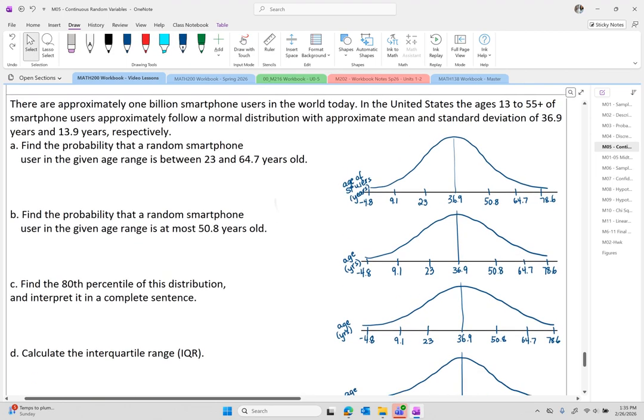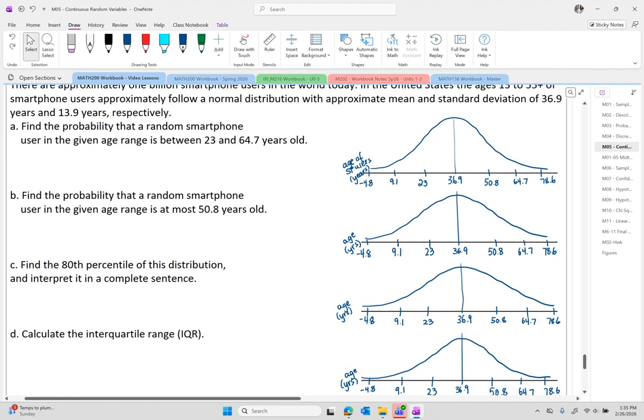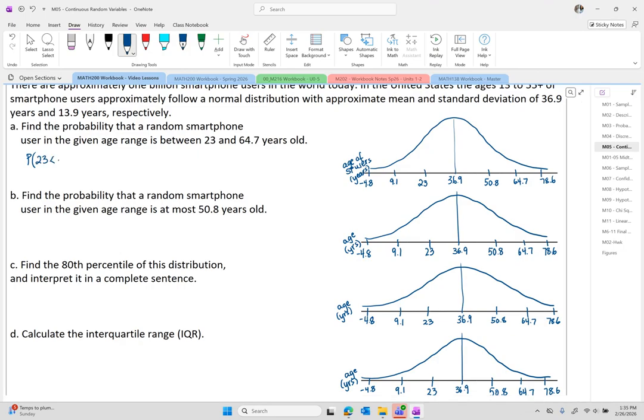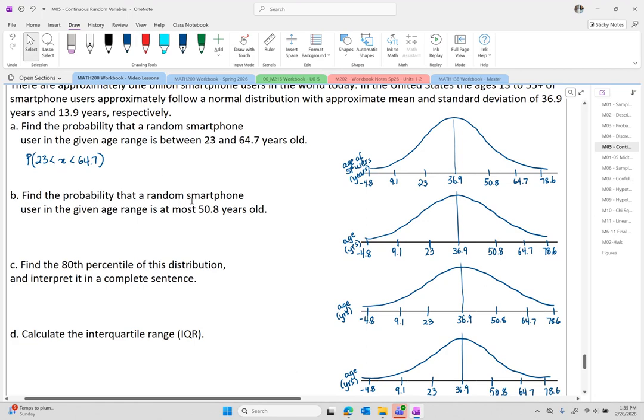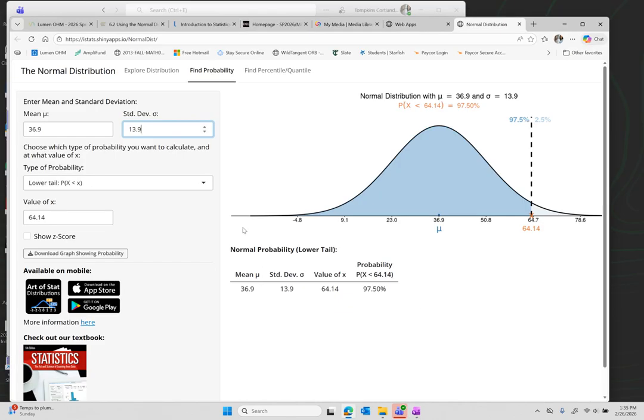So I want to find the probability that a random smartphone user is between 23 and 64.7 years old. So 23 less than x less than 64.7. And again, remember to write the mathematical expression, but also then tell us how you used your technology when you show your work on a test.